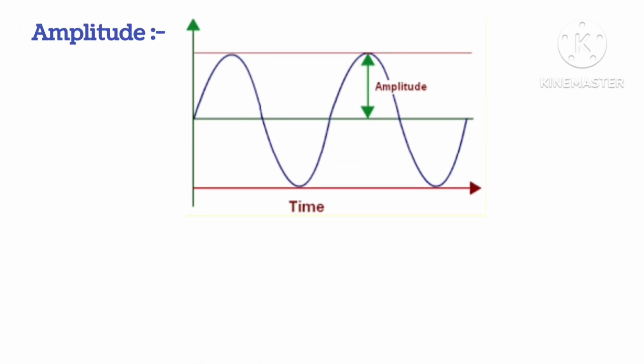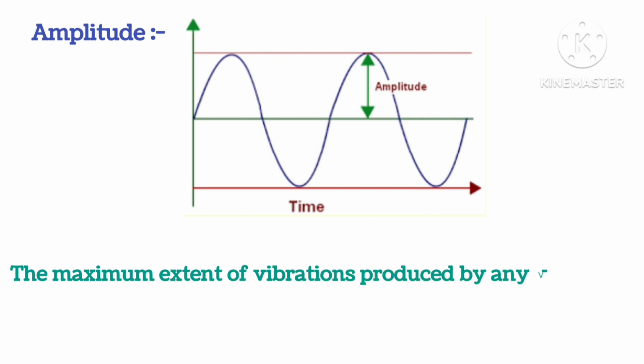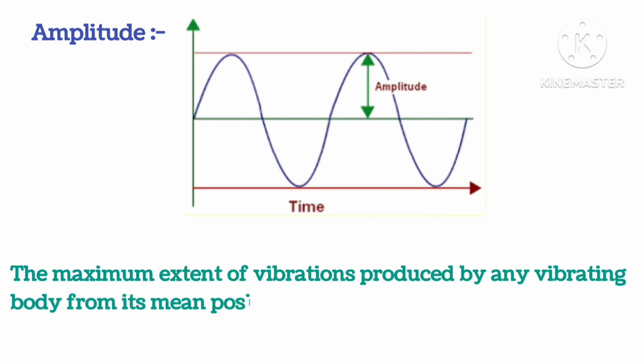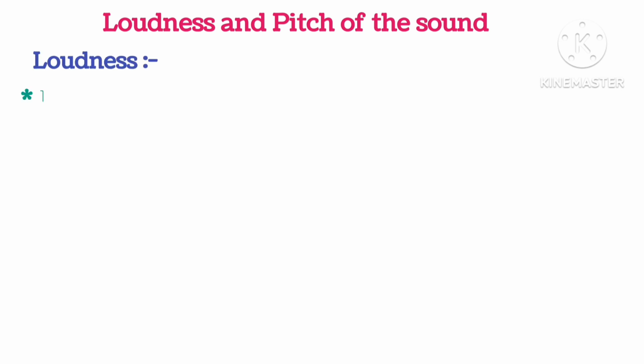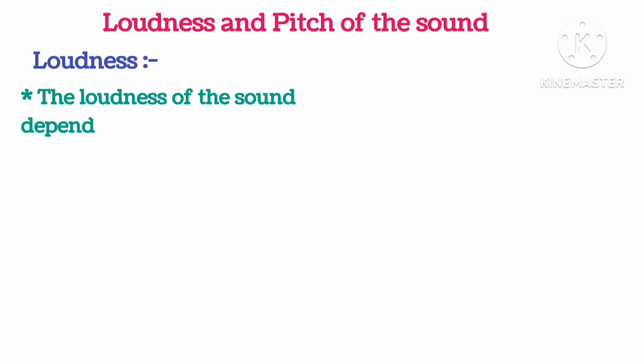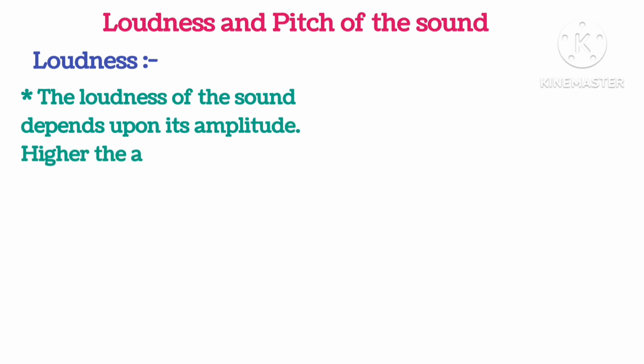Amplitude. It is the maximum extent of vibration produced by any vibrating body from its mean position. Loudness and pitch of the sound. Loudness. The loudness of the sound depends upon its amplitude.